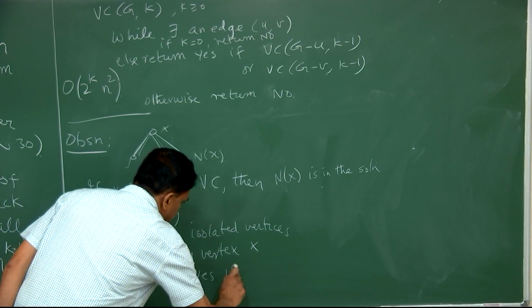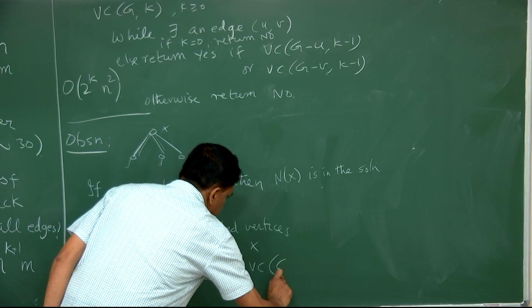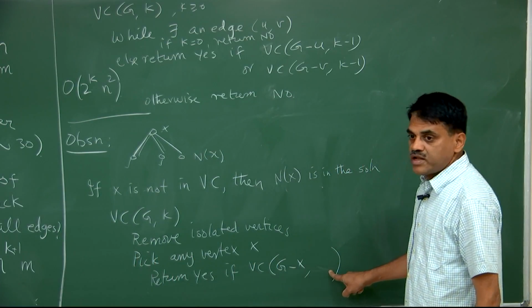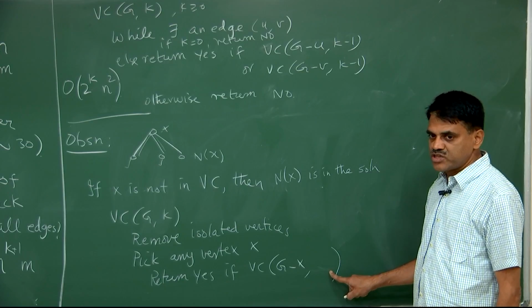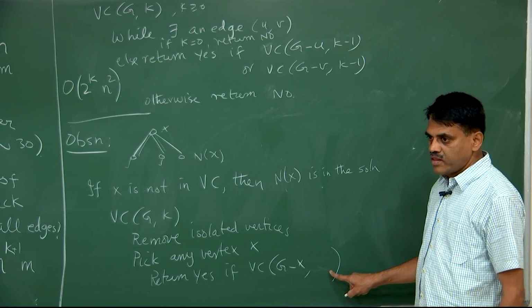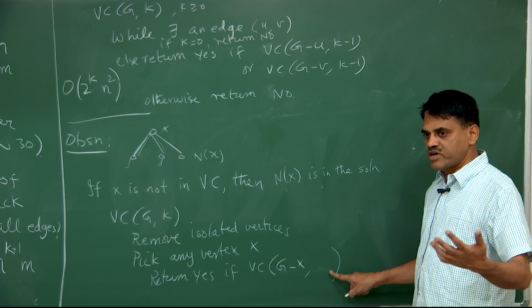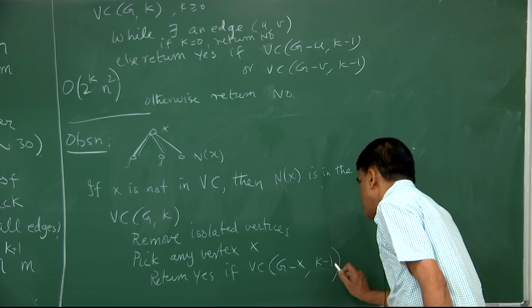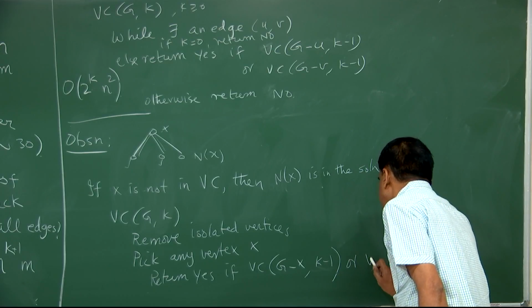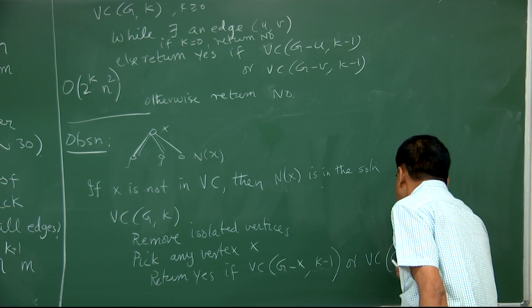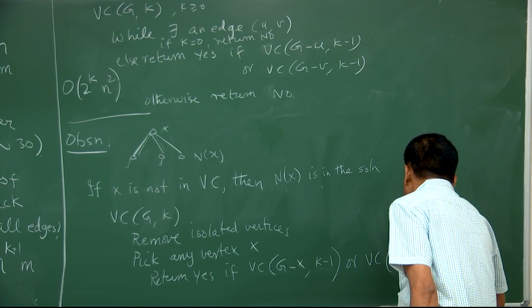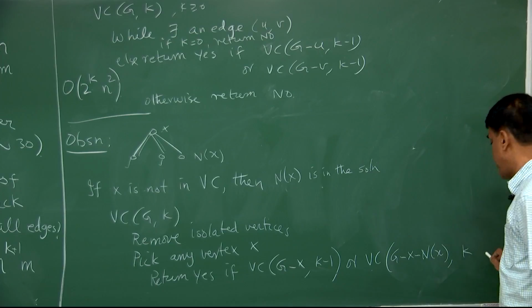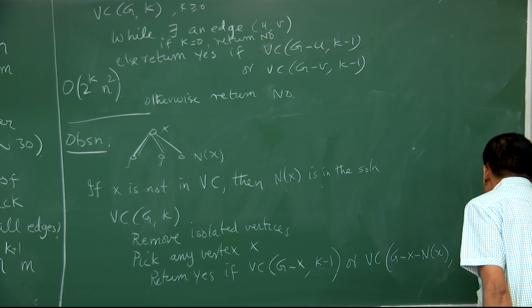if vertex cover of G minus x. What is the recursive budget I am allowed? If I pick x into the solution, then in the new graph I am looking for a vertex cover of size k minus 1. If I don't pick x, then k minus the size of N of x, the degree of x.